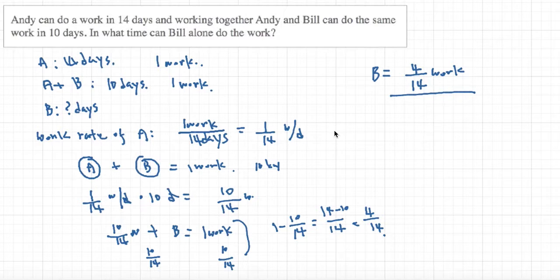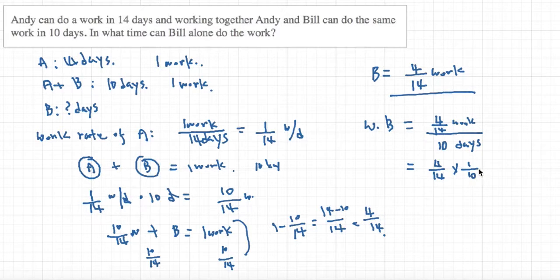So the work rate of B is the work amount, 4 over 14, divided by the time it took, 10 days, which is 4 over 14 times 1 over 10.